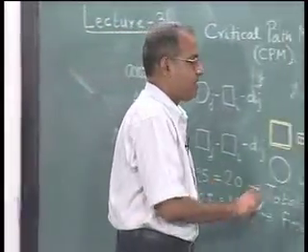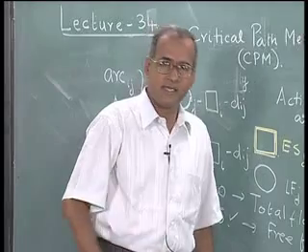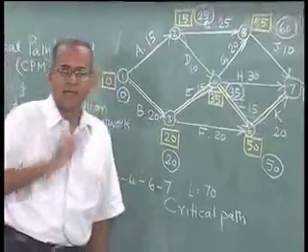The critical path is the longest path in the network, and the critical path computation is quite similar to the Dijkstra's label, except that instead of labeling the minimum, we label the maximum.